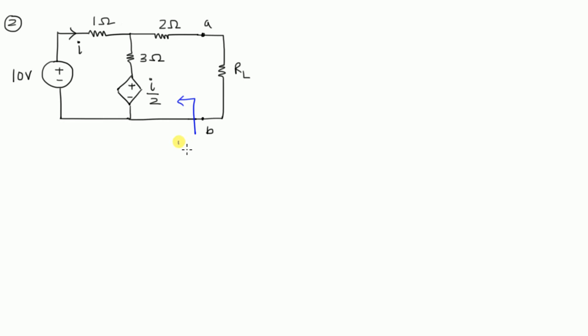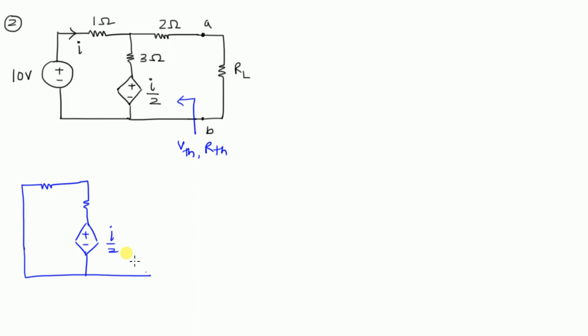So to find RTH, we'll make this independent source 0, but the dependent source will continue to operate, and for that purpose we need to connect an external source that will allow us to find out the RTH. External source is VG with current IG, acting as generator.